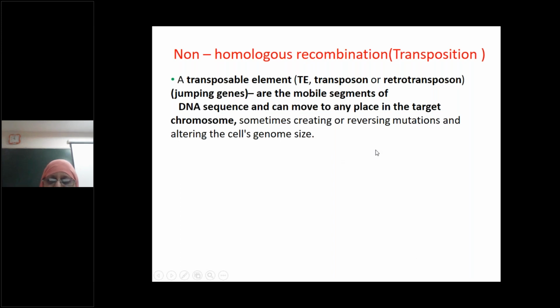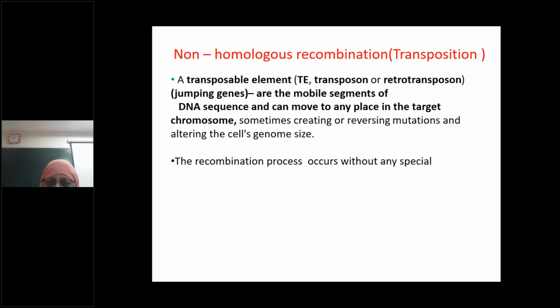That's why they're called jumping or mobile segments. Sometimes they may create a mutation, or sometimes they may reverse a mutation. And they alter the cell genome's size.